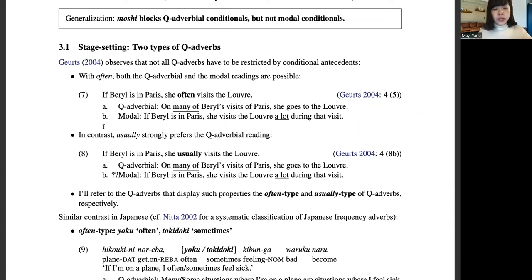But the modal reading is extremely degraded, if not completely unavailable. So usually, in this case, cannot quantify over the interval of Farrell being in Paris. So this is the distinction that I'm going to draw on in the following, and I will refer to these two types of Q adverbs as the often type and the usually type of Q adverbs respectively.